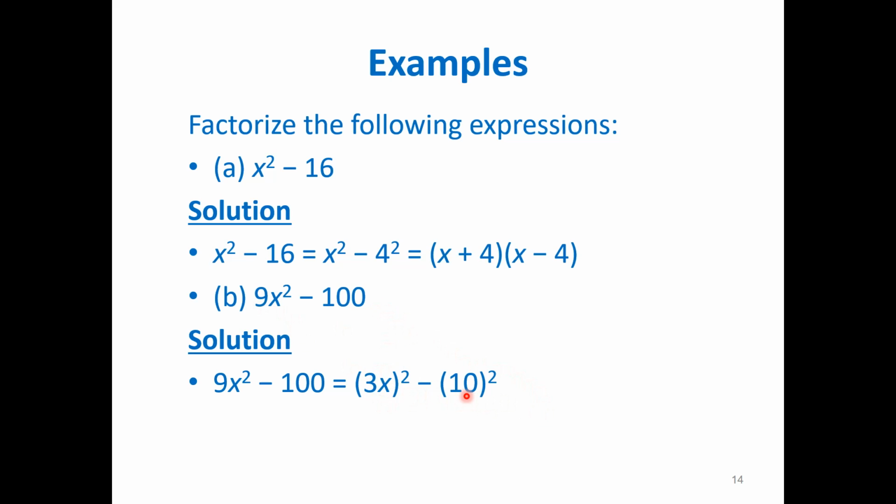Use the formula, means the first number, 3x, plus the second number, which is 10: 3x plus 10 in one bracket. The second bracket will be the same, except that you have to change plus to minus. So this is the way we use the difference of two squares formula.